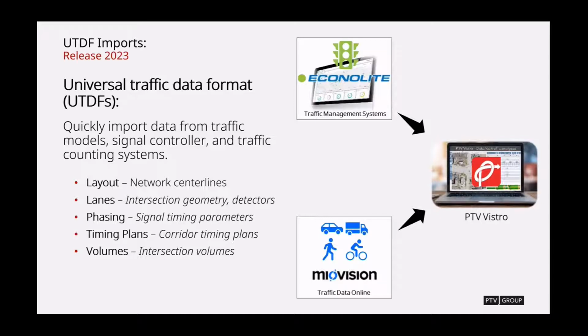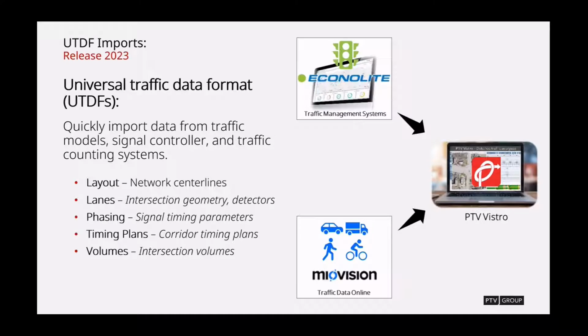They can export this as a lane-based UTDF, and that will get you, of course, the vehicle counts, and then the heavy vehicles, pedestrians, bicycles, and peak hour factors, and all of that is assigned to your turn movements and your lane configurations. So if you have a lot of these, it's a really good import to get you started straight from MyoVision. Now, there has been some talk about also applying this at the intersection level where they have cameras, and so we're going to keep talking to them further.